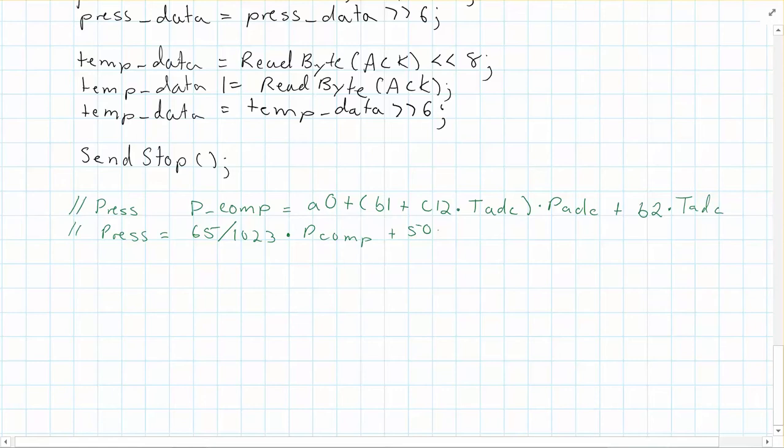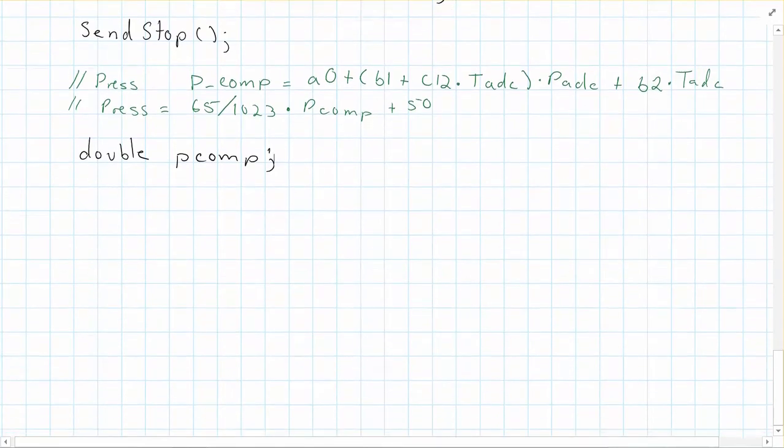Alright, so let's do the pressure computation here. Well, first off, I'm going to create another variable here, which again, we should probably put at the top. I'm going to create a double here, and I'm just going to call this P comp, for the compensated pressure. Now I'm just going to go ahead and compute that. So it's just writing the equation down.